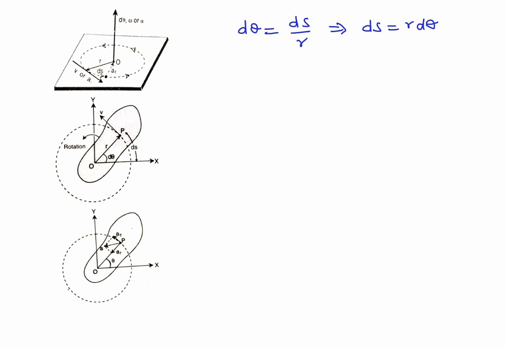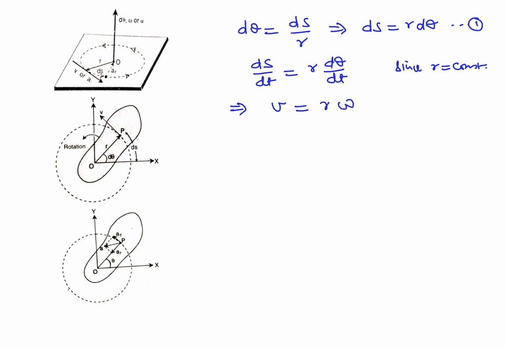Now differentiating this equation, suppose this is equation number 1, with respect to t we get ds by dt is equal to r d theta by dt, since the radius of the circle is constant, which gives linear velocity v is equal to r omega.